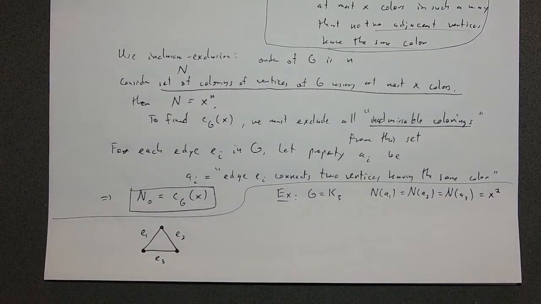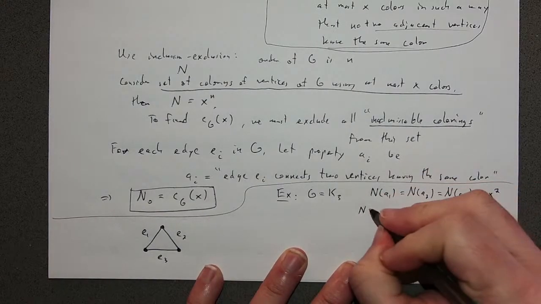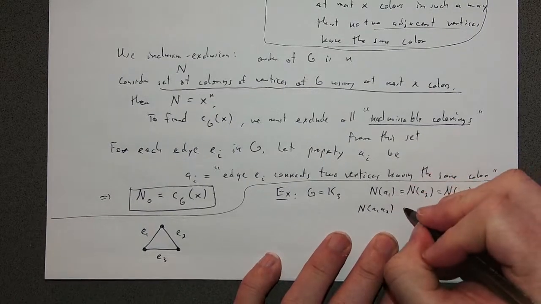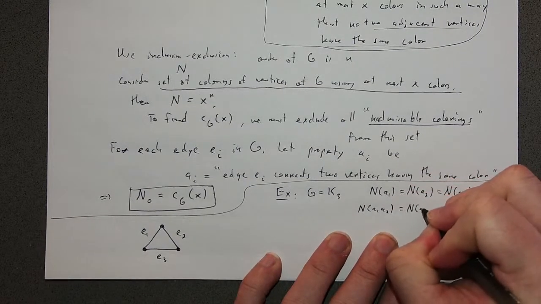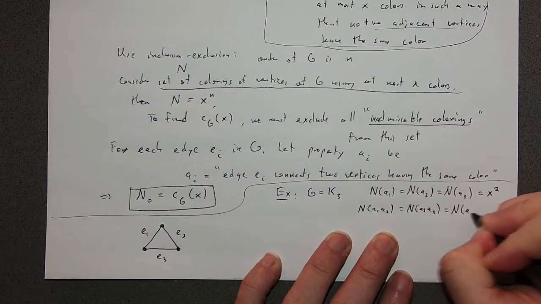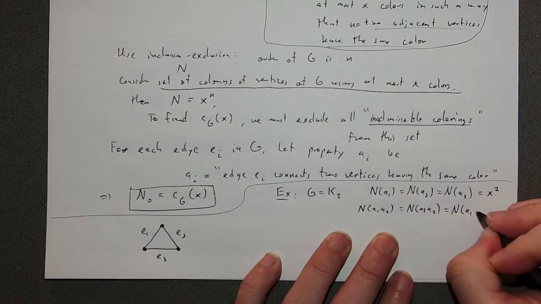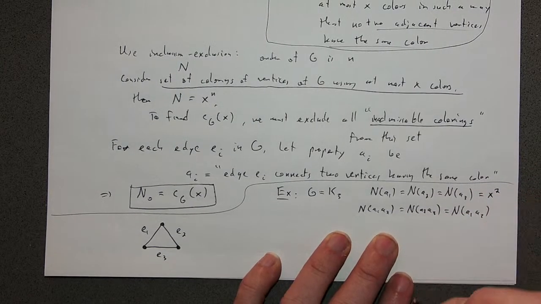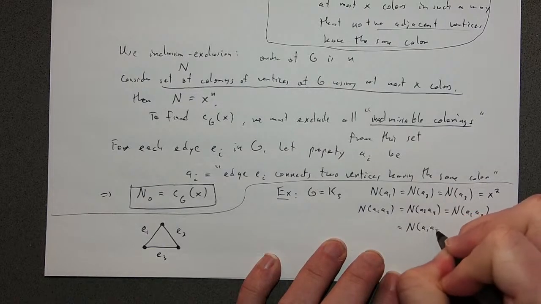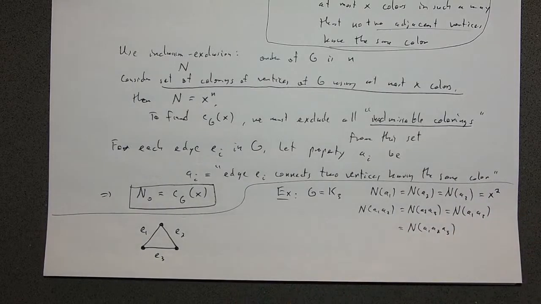What about these taken 2 at a time? Well, so A1, A2, A2, A3, A1, A3. And in fact, even taken all together, all of these are what?